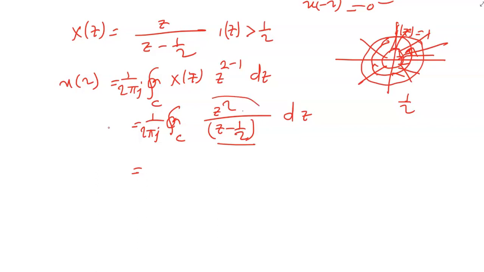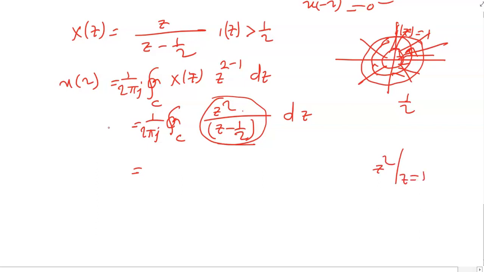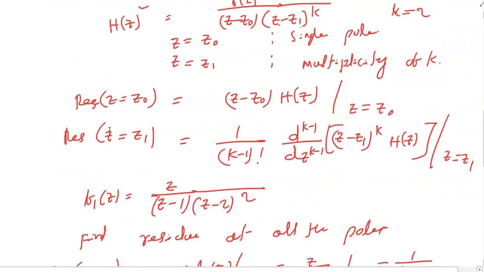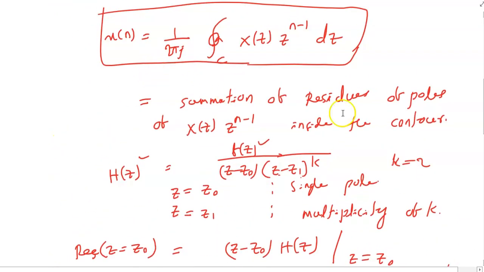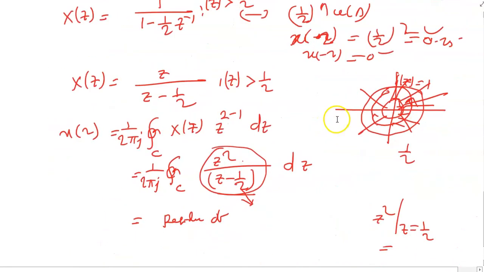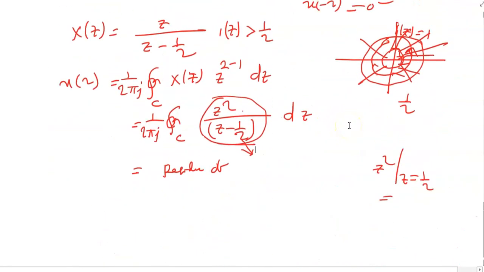So residue of this function at z equal to half will simply be z square evaluated at z equal to half. I have already told you, just see here, summation of the residues of poles of X(z) z to the power n minus 1. Here X(z) z to the power n minus 1 is z square upon z minus half.